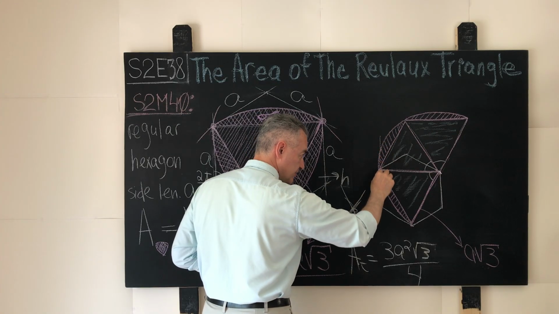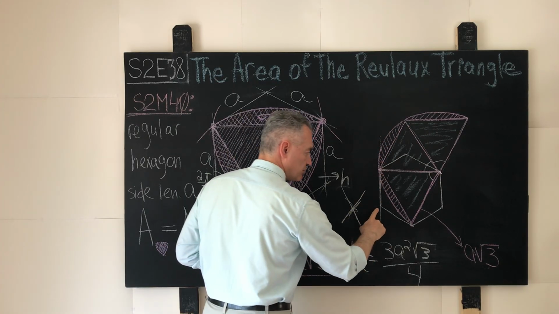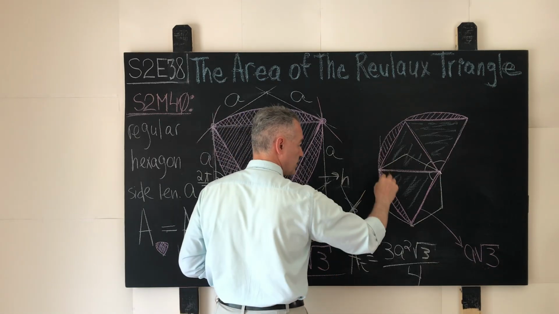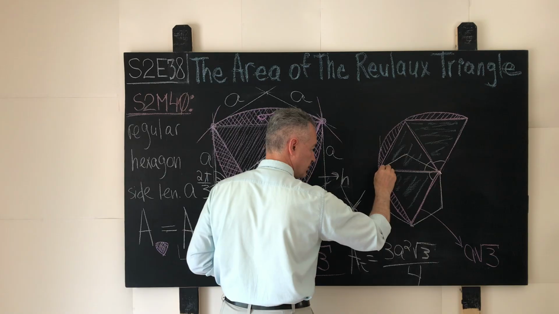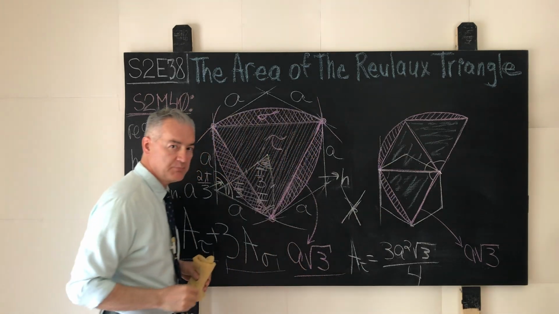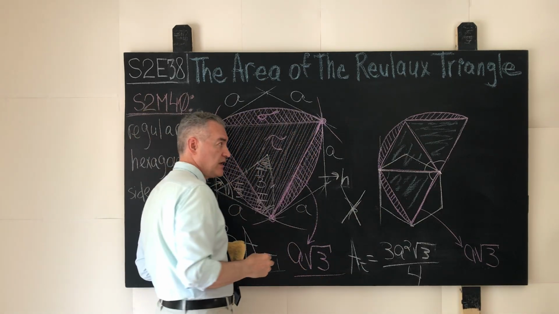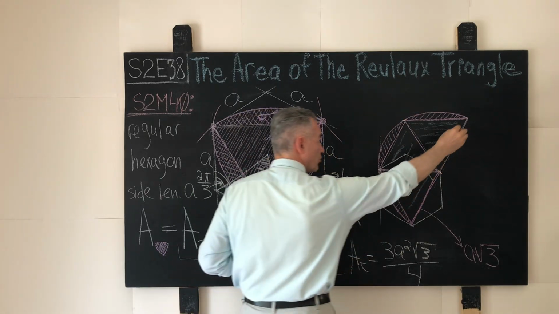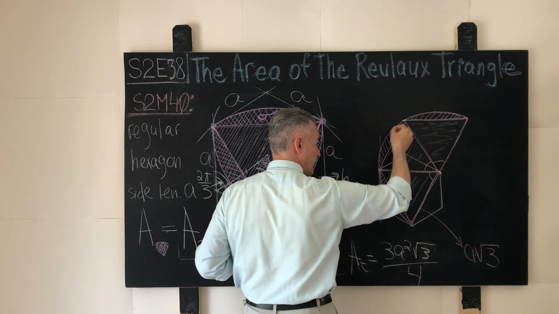So this side of this smaller regular hexagon H is tangent to these two arcs at one and the same point here, and that means that these two arcs meet each other at one and the same angle. Likewise, the same reasoning works over here. So what we have here is a genuine half circle.